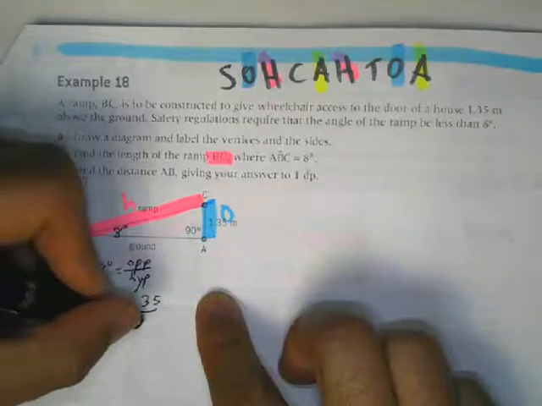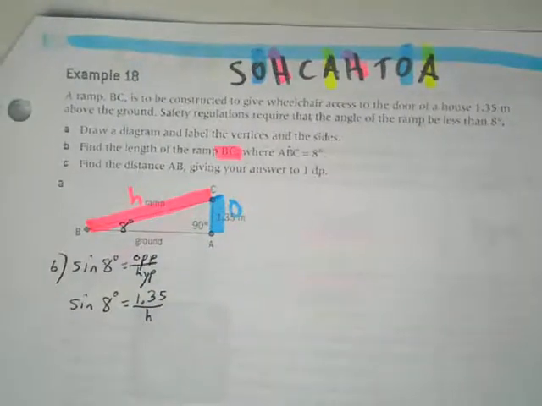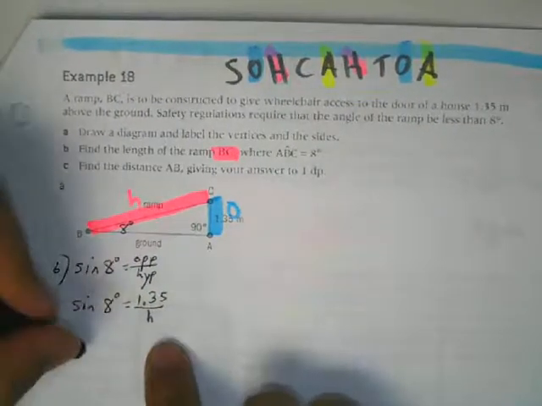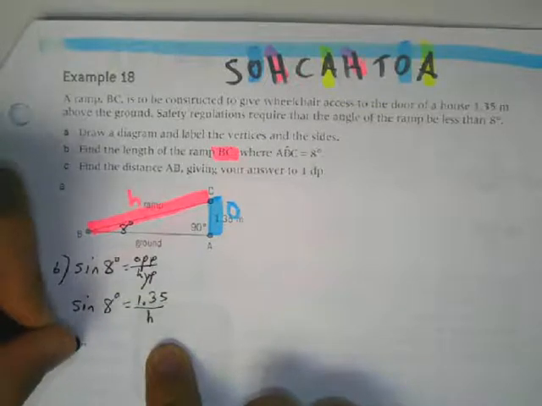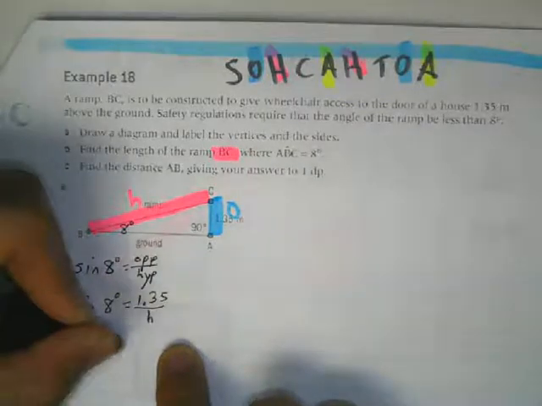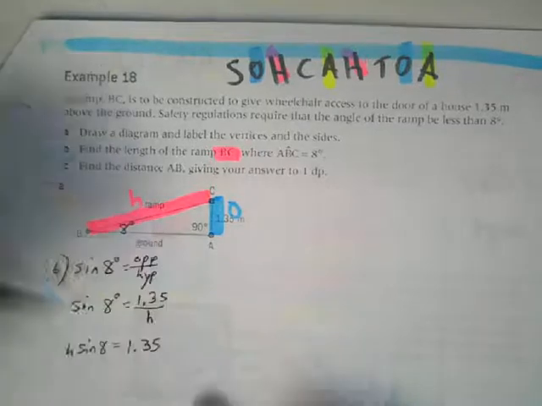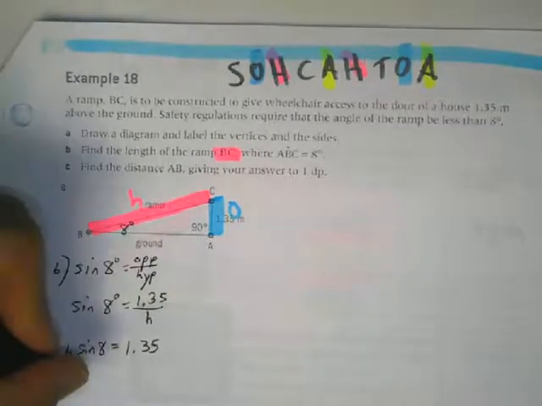I'm just going to call it h. So we multiply h on both sides, and then we divide both sides by sine 8.